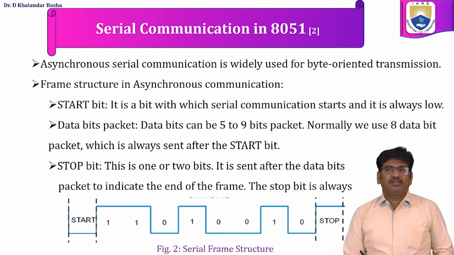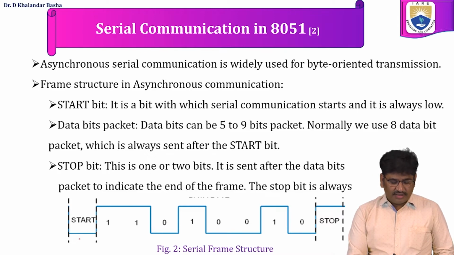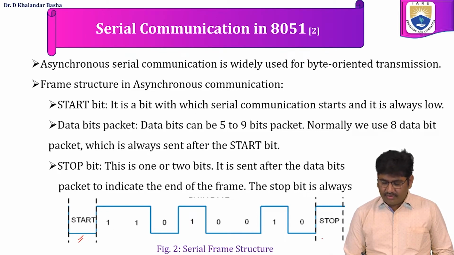Asynchronous serial communication is widely used for byte-oriented transmission. The frame structure in asynchronous communication is that the data is appended with the start bit followed by the data and stop bits.